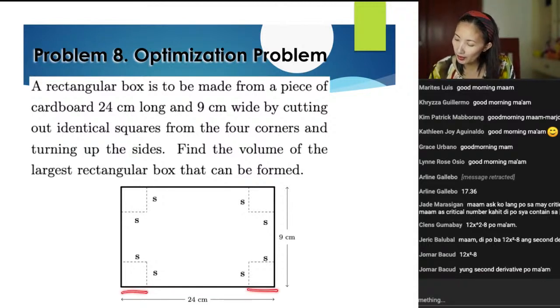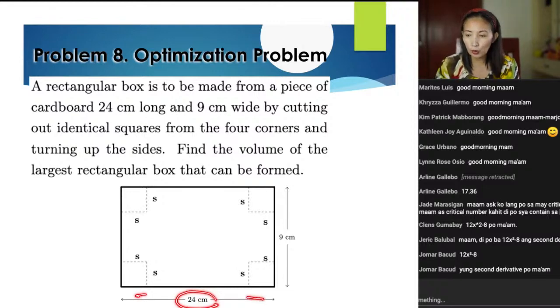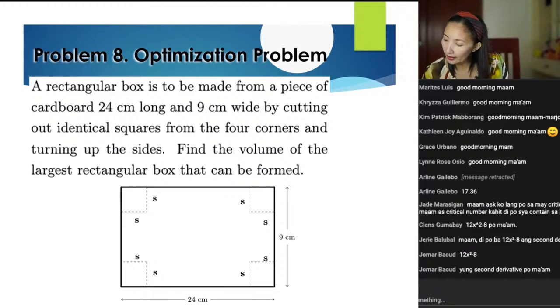Now, suppose this is S. If I cut out S here and S here, then that means 24 minus 2S will be the new length. And then, on the width, I will cut out S here and S here.